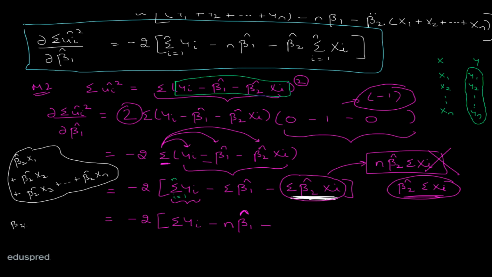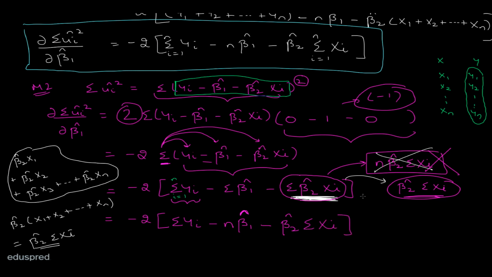So if you take beta 2 hat as common, you'll be left with x1 plus x2, going on till xn. So this is equal to beta 2 hat summation xi. So if you have a summation on this term, it is not equal to this, it is equal to this. So instead of that term, I can write beta 2 hat summation of xi.